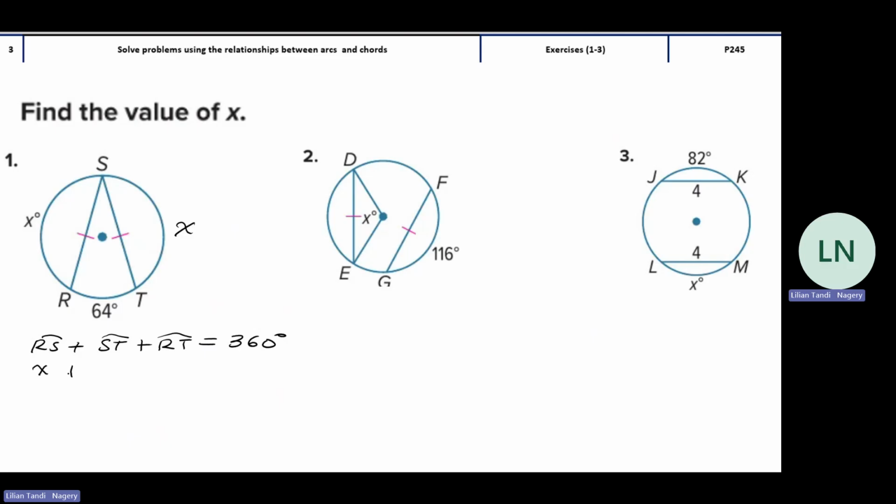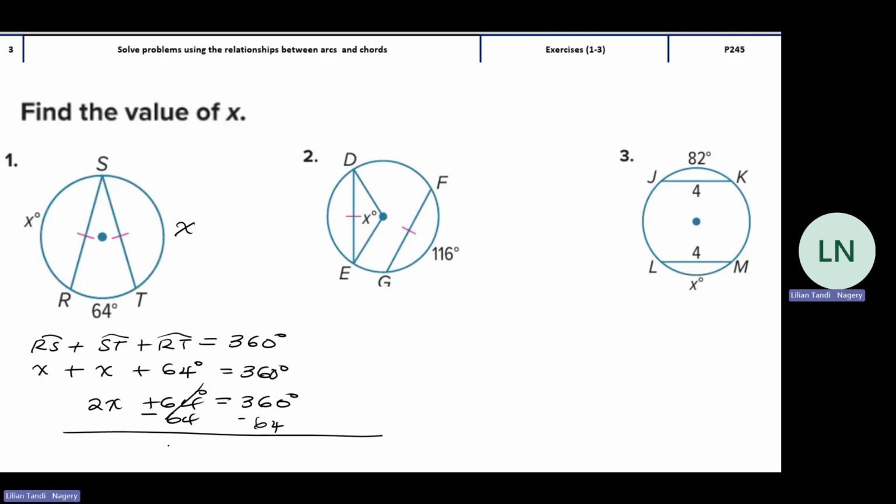So this is x plus 64 will give me 360 degrees. Then we have 2x plus 64 equals 360 degrees minus 64 minus 64.